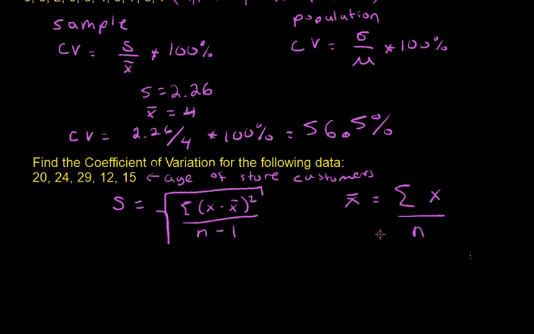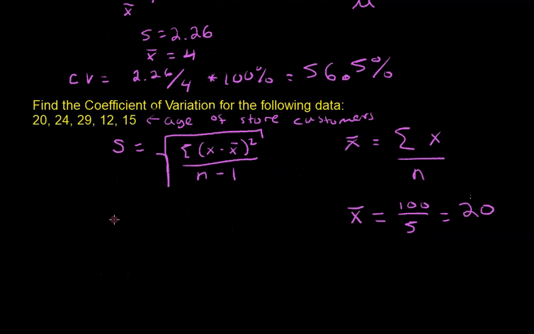First let's calculate X bar. Let's sum up all this data. If you sum it up, you'll get 100. The sample size is 5, so the sample mean is 20. Now let's calculate the standard deviation.